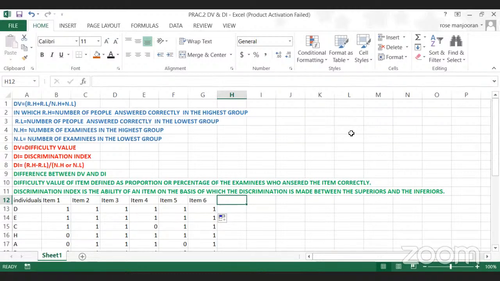In the case of DI, it is the number of people who answered correctly in the highest group minus the number of people who answered correctly in the lowest group, divided by the number of examinees in the highest group or the number of examinees in the lowest group. Is this clear?